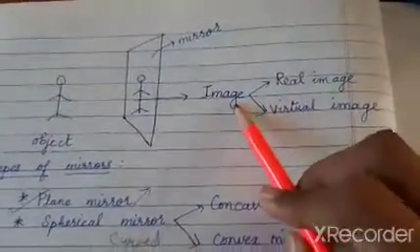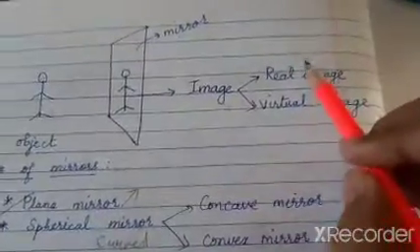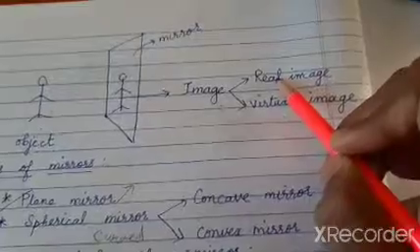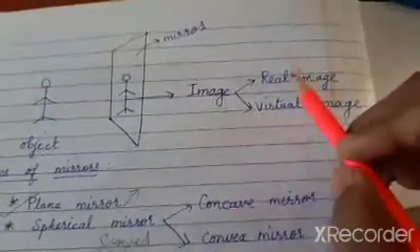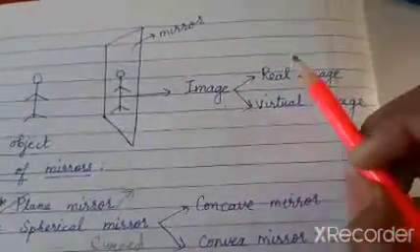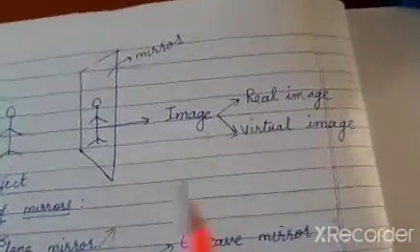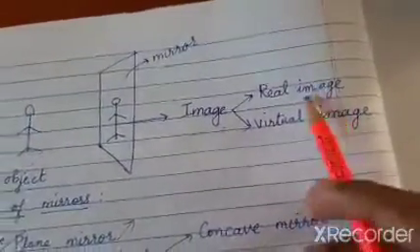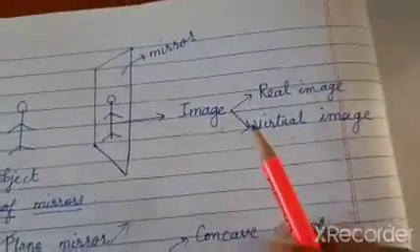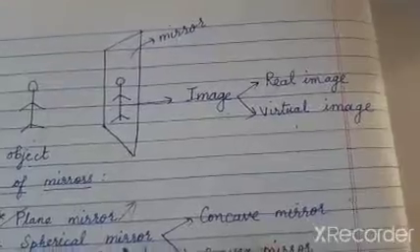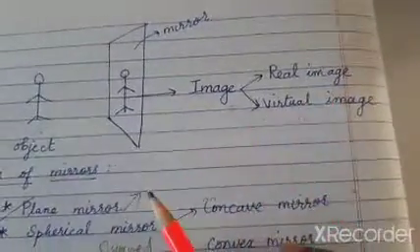The images obtained are usually of two types: real image and virtual image. Real image means the image obtained can be seen on the screen. After reflection of light, the image can be obtained on the screen. Examples are projectors and cinema screens.